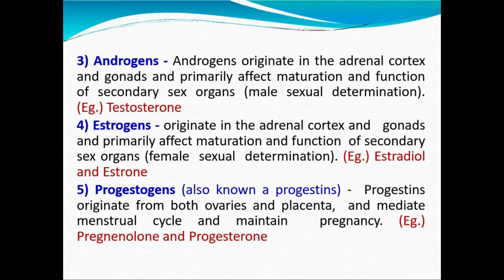Then come progesterones, which are also known as progestins. They are the second type of female sex hormone, and are named because of their role in maintaining pregnancy. So, due to the pregnancy term, they are known as progestation or progestins.